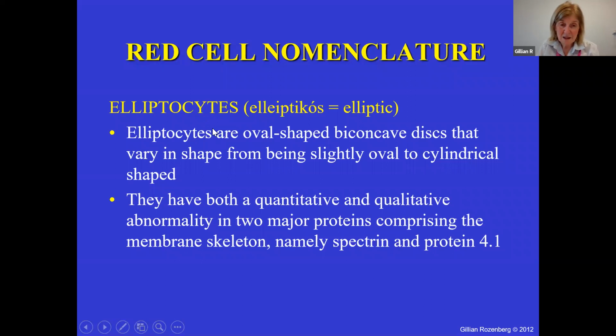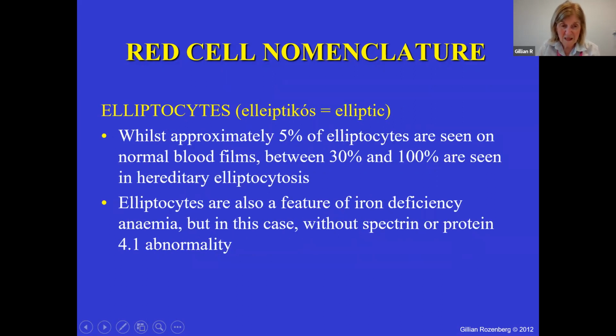So elliptocytes. Elliptocytes are oval-shaped biconcave discs that vary in shape from being slightly oval to cylindrically shaped. They have both a quantitative and a qualitative abnormality in two major proteins comprising the membrane skeleton, namely spectrin and protein 4.1.